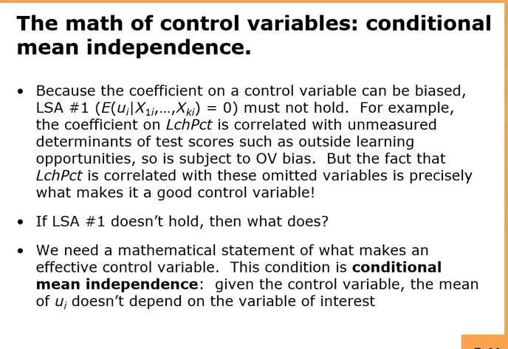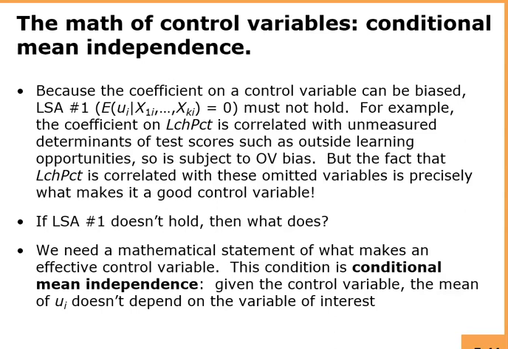So if the first least squares assumption does not hold, then what takes the place of that assumption? The condition which actually holds in the case of control variables is called conditional mean independence.